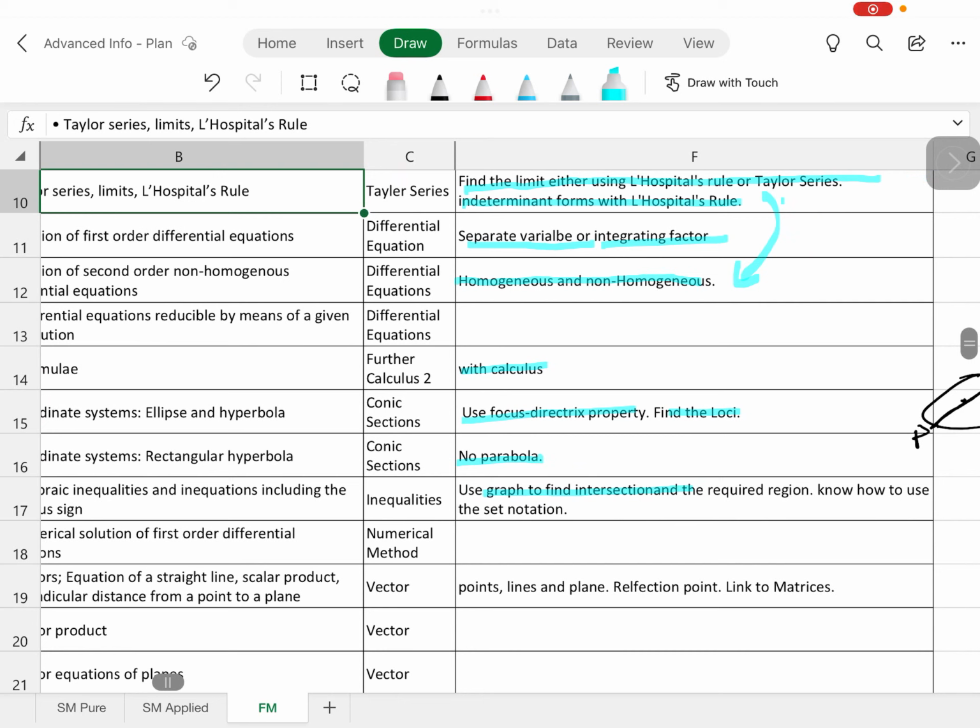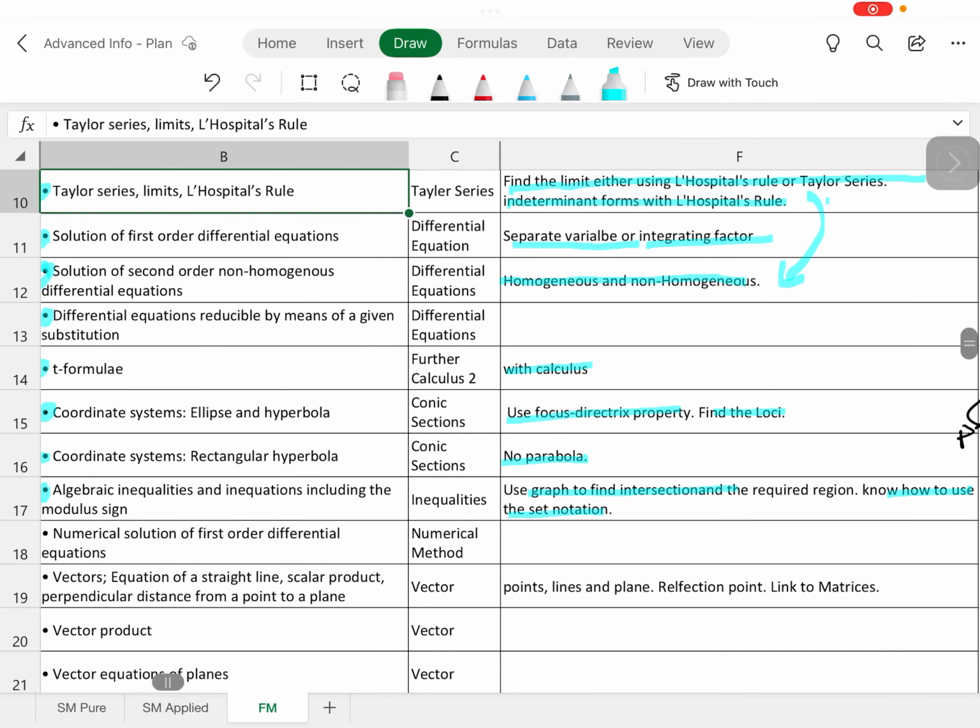A very important thing is you need to know how to use set notation. Some students lost marks last time because they didn't know how to use set notation. So from now on you need to make sure you know how to use it.